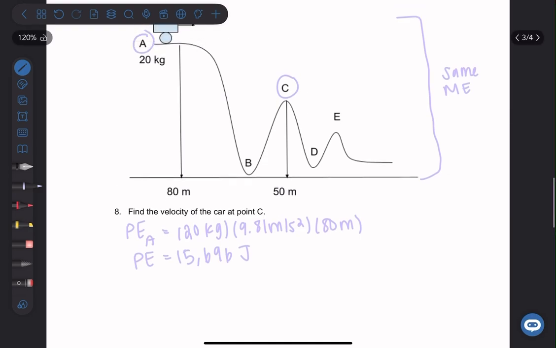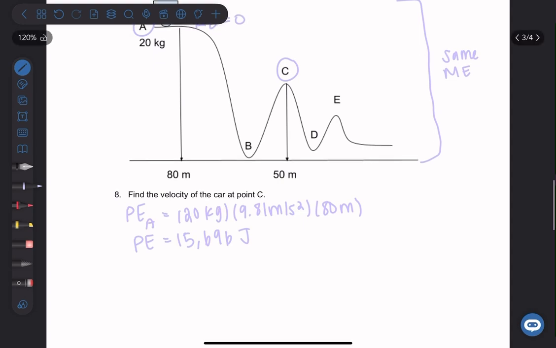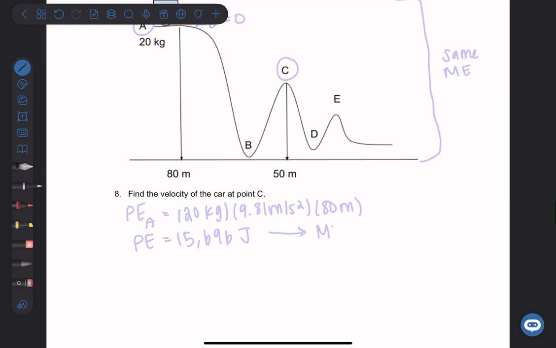And we know that up here, the kinetic energy is 0 because the cart is not moving. So that means if the potential energy is 15,696, the mechanical energy throughout the whole ride is 15,696 joules as well.